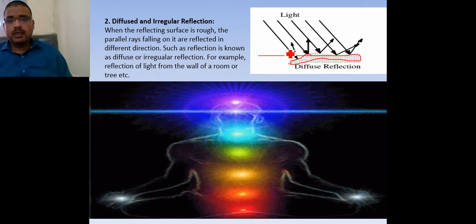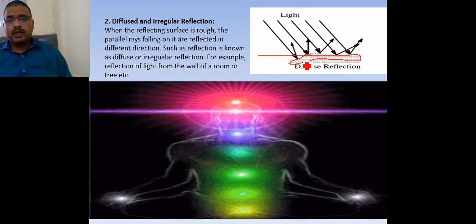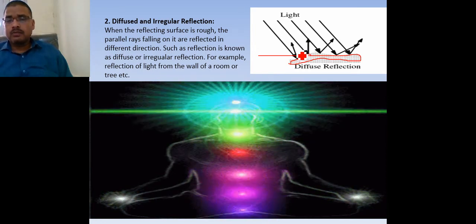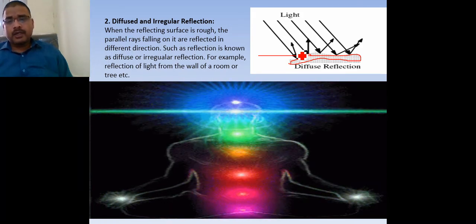Here you can see there is a surface of a mirror, and that we call not a smooth surface. If the rays coming from the source are parallel, then the reflection also takes place, but these reflected rays do not remain parallel as in the previous case.